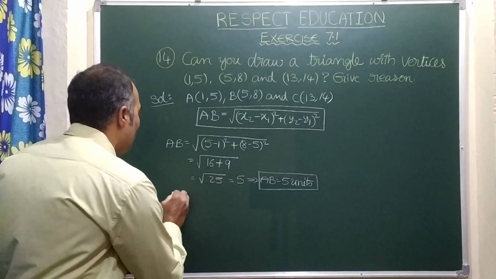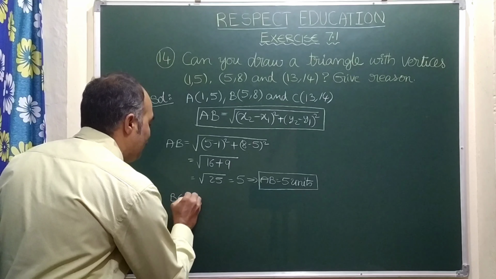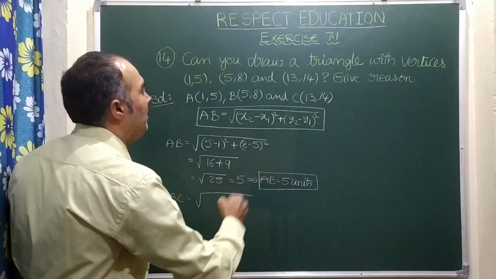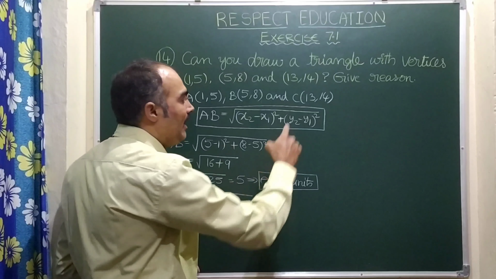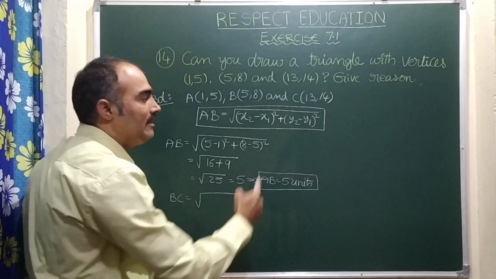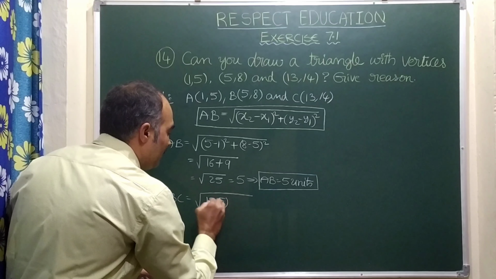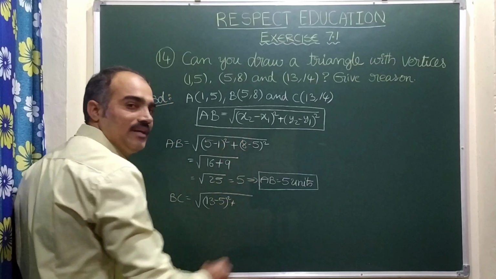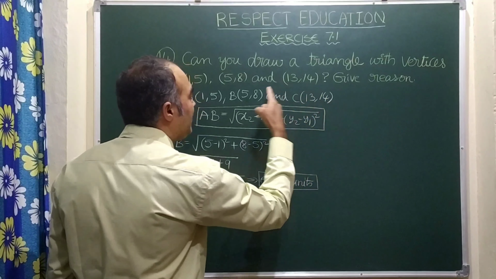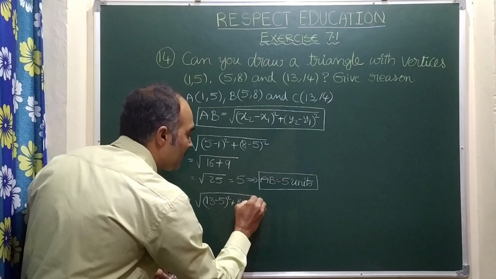Let us find BC, the distance between B (5, 8) and C (13, 14). It is under root (13 minus 5) whole square plus (14 minus 8) whole square.